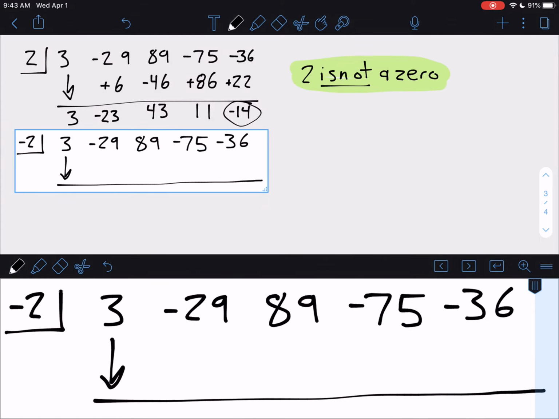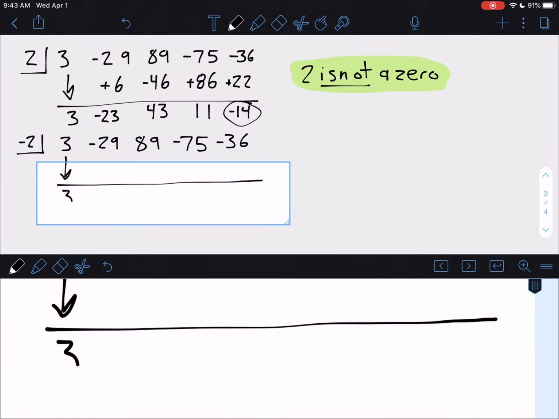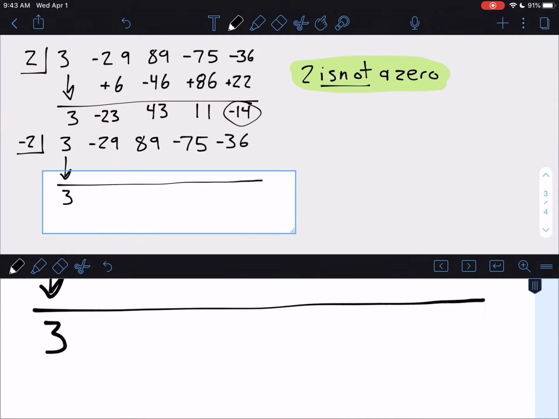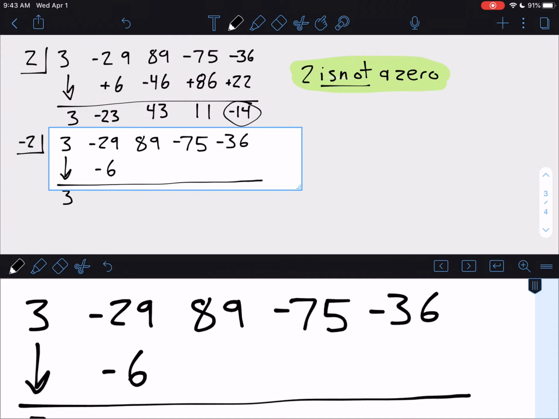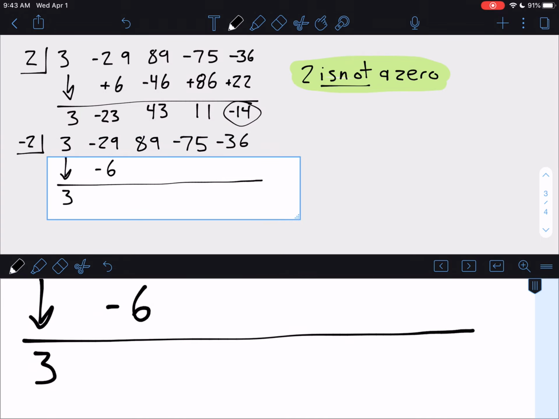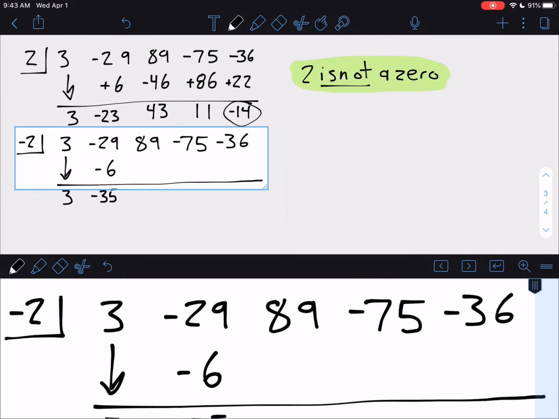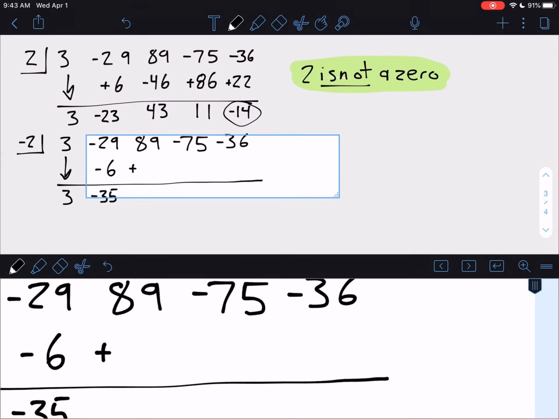So bring down the 3. So I got 3 times negative 2 is negative 6. Negative 29 minus 6 is negative 35. Negative 2 times negative 35 is positive 70.